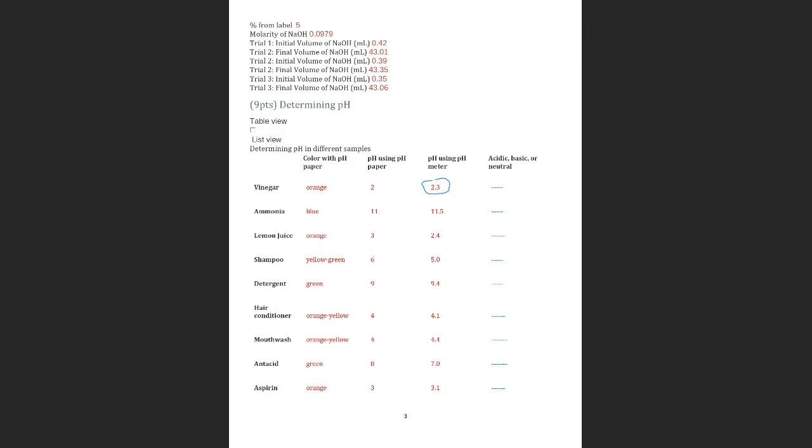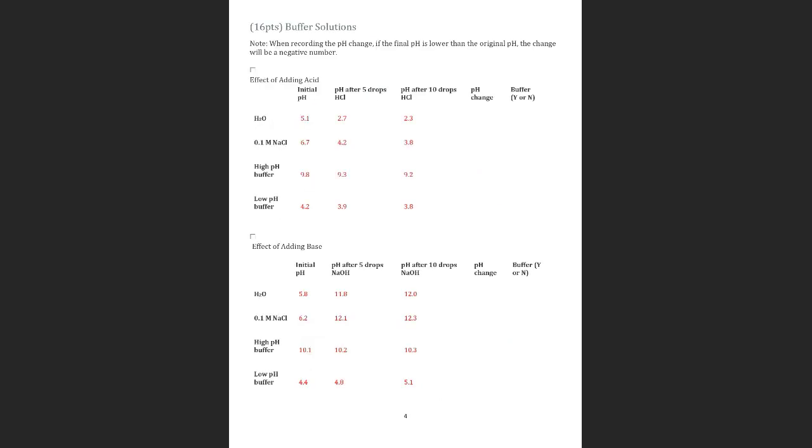Would antacid be neutral or basic? That will be neutral, because look at the values using the pH meter. That is more exact. Here you have a 7, so it's going to be neutral. So this is the first thing that you have to do, and it's very easy.